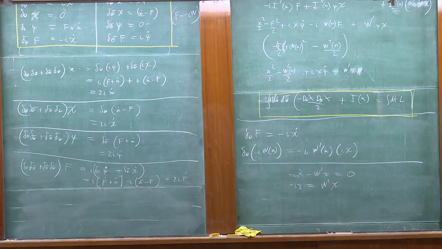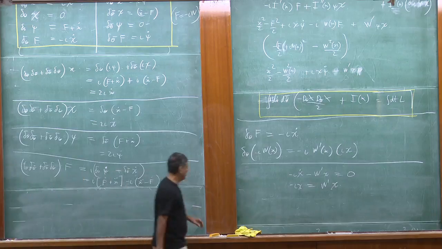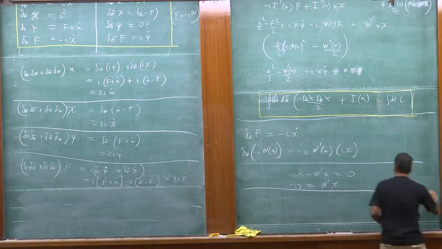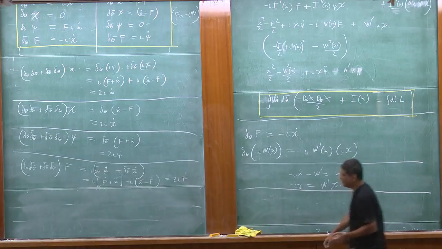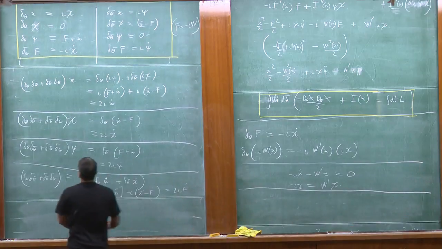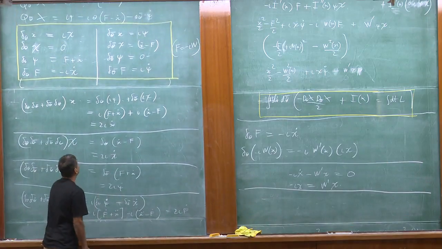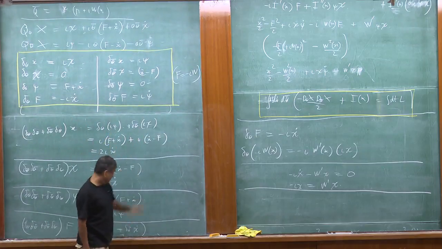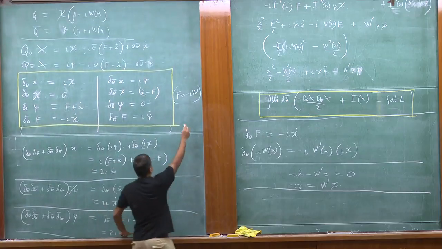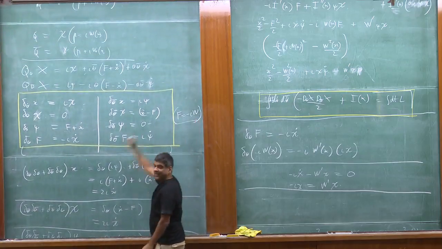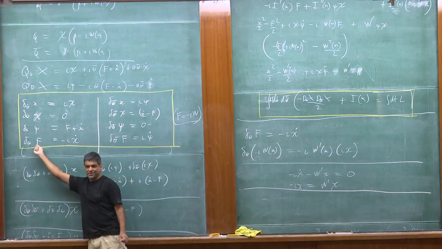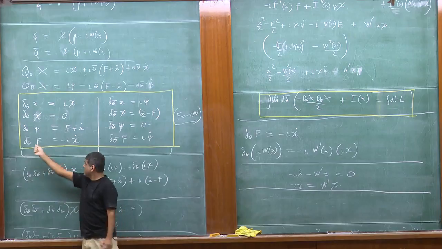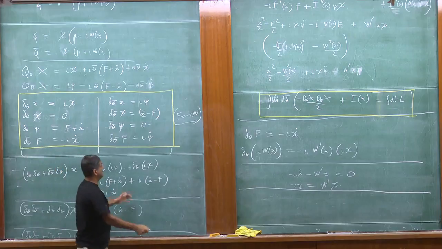Okay, excellent. So that's the last comment I wanted to make. Now that we've checked that these relations are consistent, what we've checked is that this relation here is consistent with this transformation property. We got something here and something else by varying this.